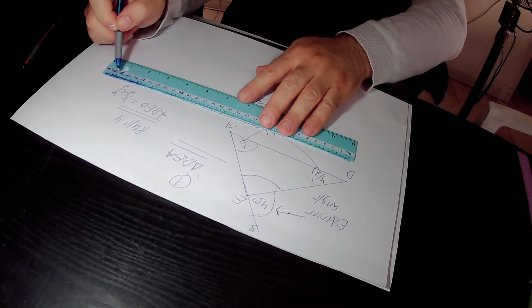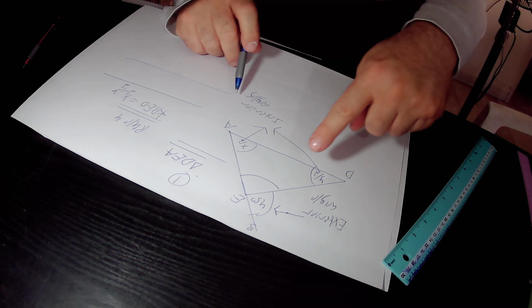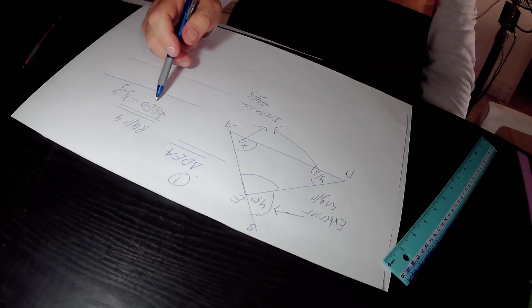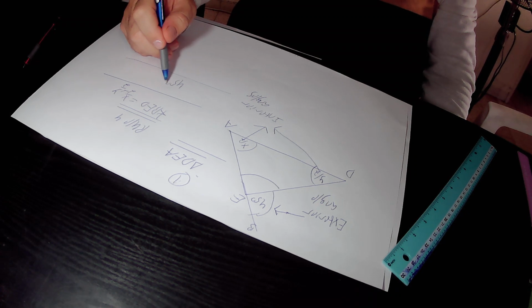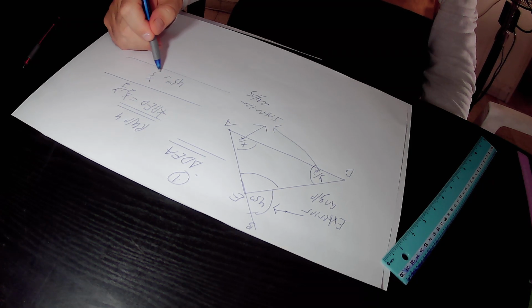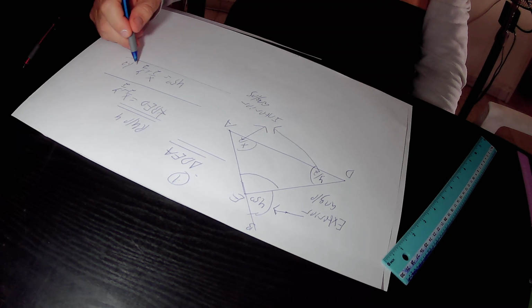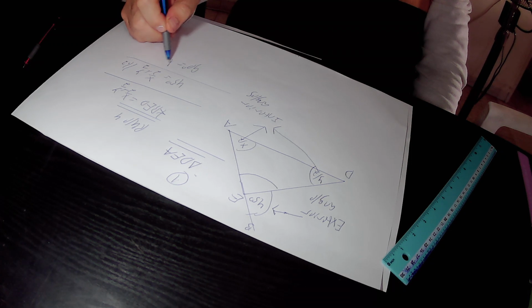Okay. But it is given in the question that the size of angle DEB is 45 degrees. So we substitute angle BED by 45 degrees. So 45 degrees equals x over 2 plus y over 2. Here we will multiply this equation by 2, and we get that 2 times 45 degrees is 90 degrees, equals x over 2 times 2 is x, plus y over 2 times 2 is y.